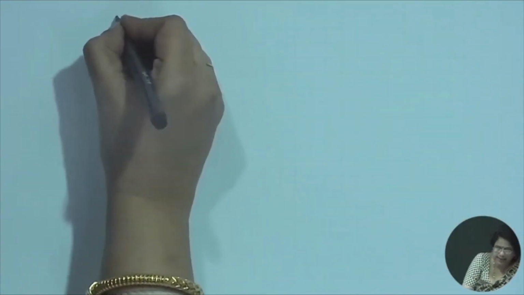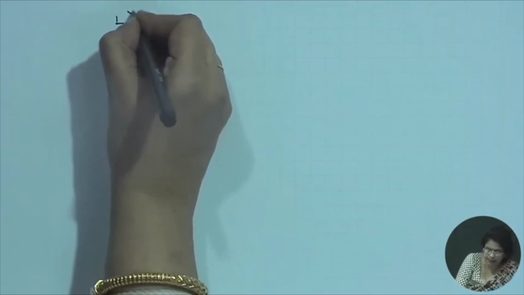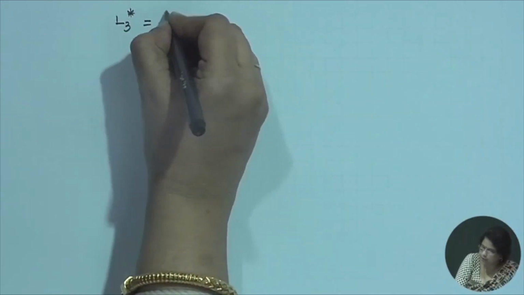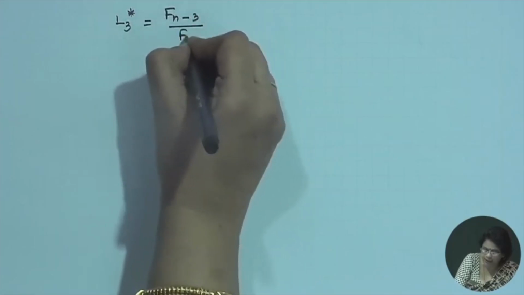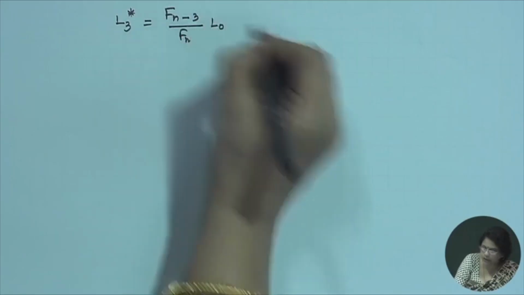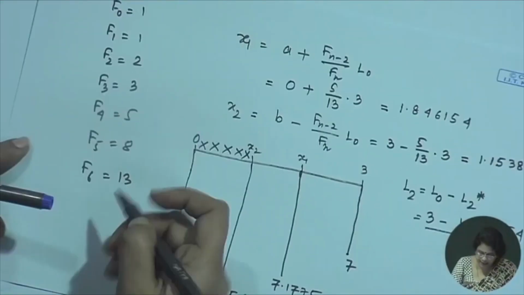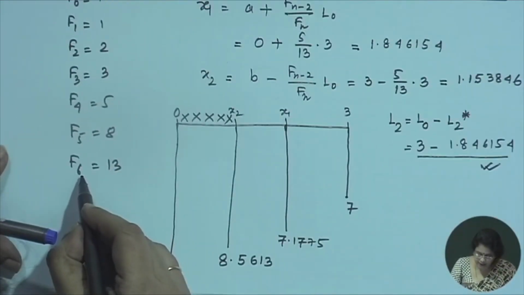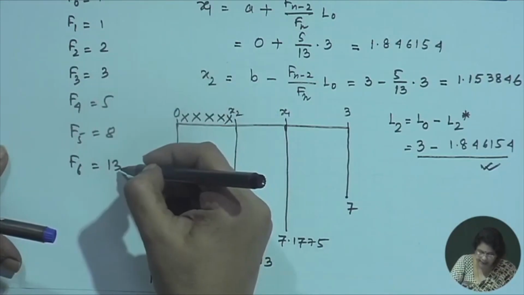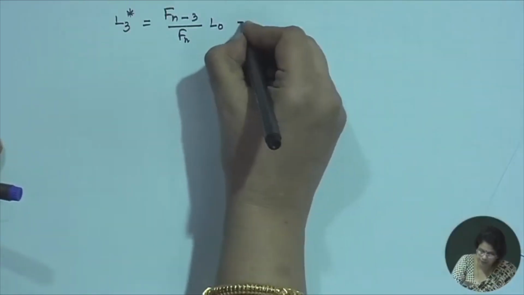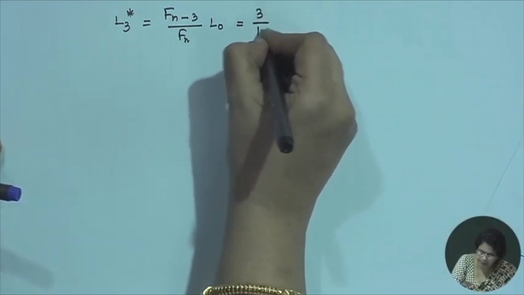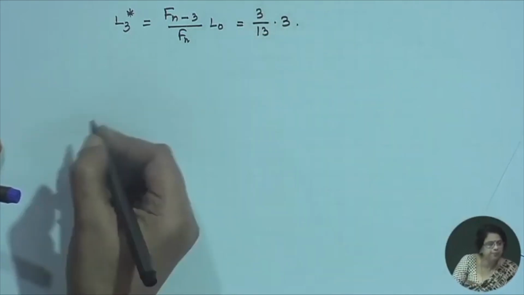I will calculate L3 star. L3 star is equal to Fn minus 3 divided by Fn times L0. Here my n is equal to 6. That is why Fn minus 3 would be 3 by 13, so 3 by 13 into 3.